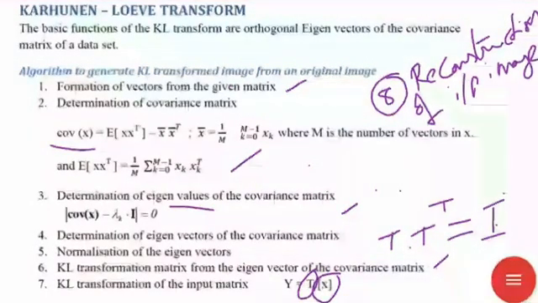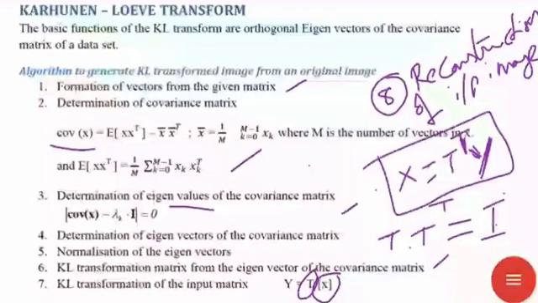Here use the formula X is equal to T transpose Y. By using this formula, determine X from Y. This is nothing but the KL transform. Now we will see the problem.